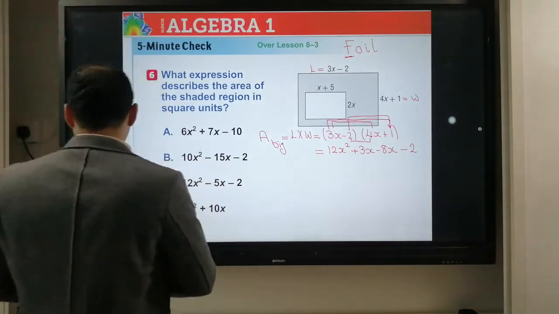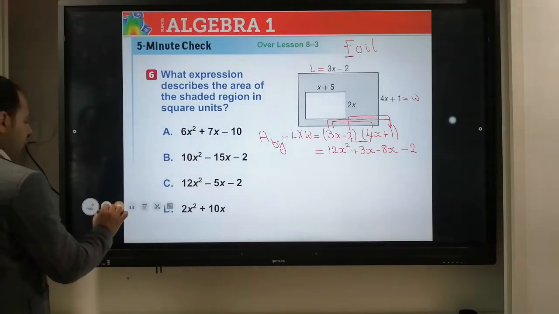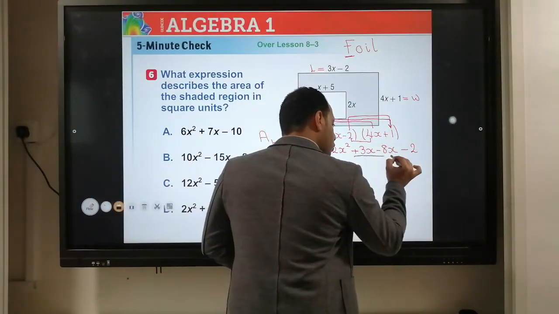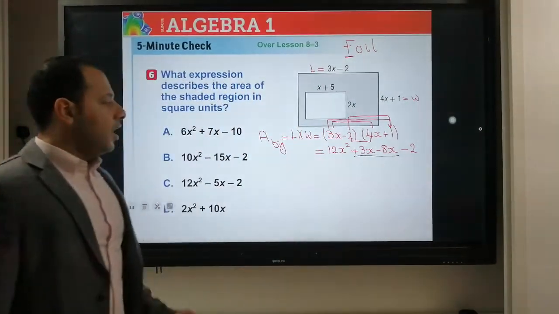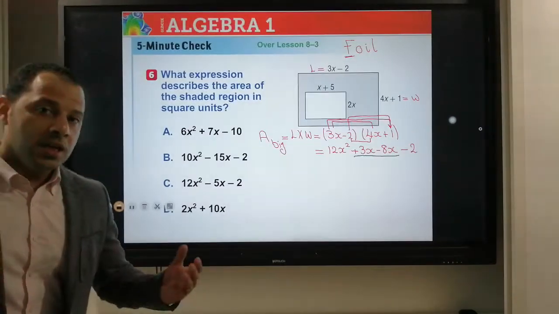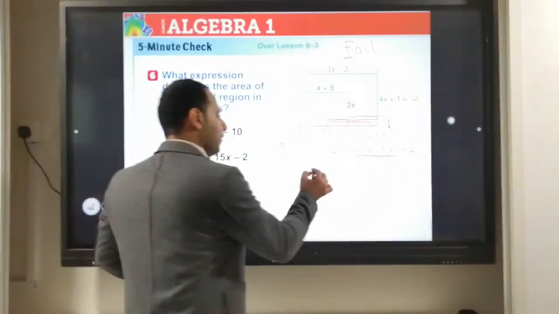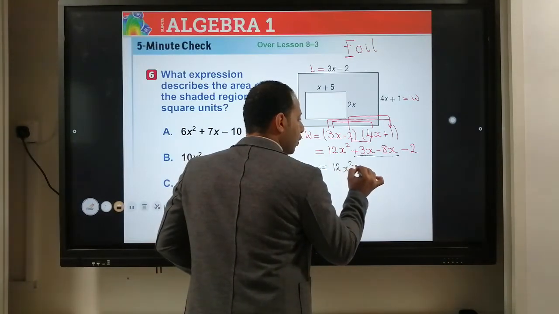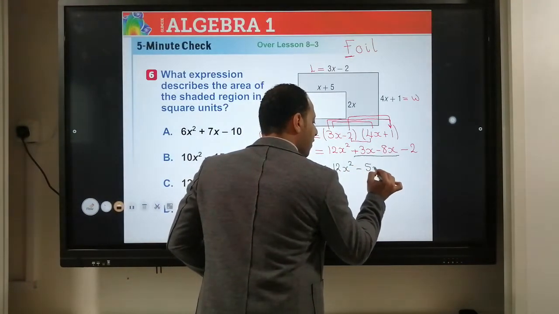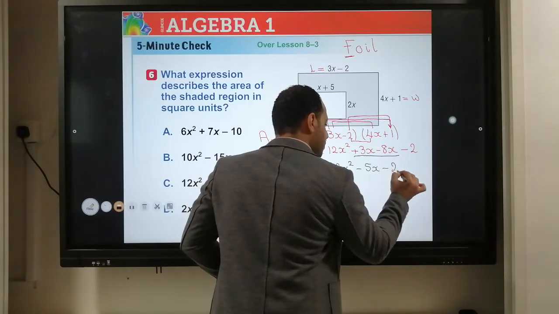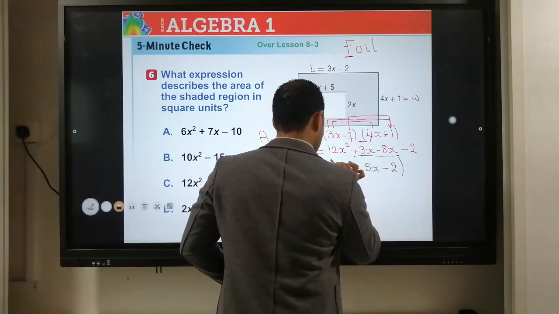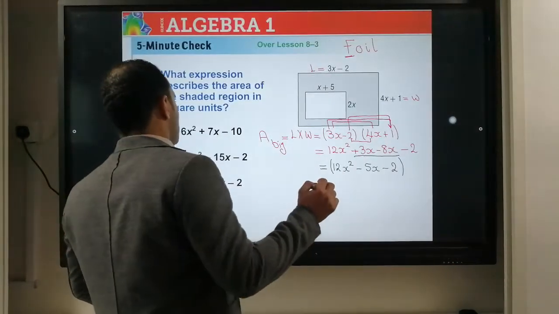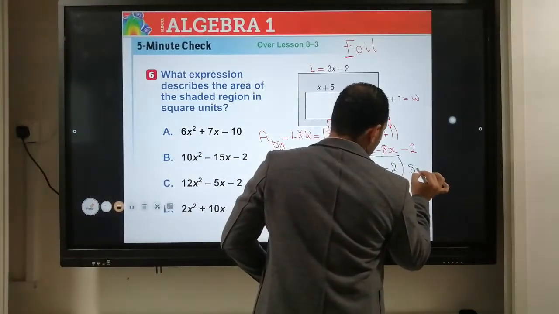This is the simplest form. Now I need to collect the like terms by adding or subtracting according to their sign. Different signs, we subtract. So we have 12x squared minus 5x minus 2.